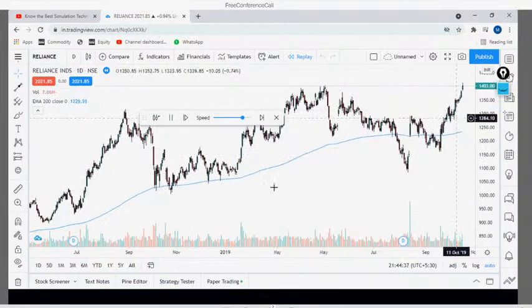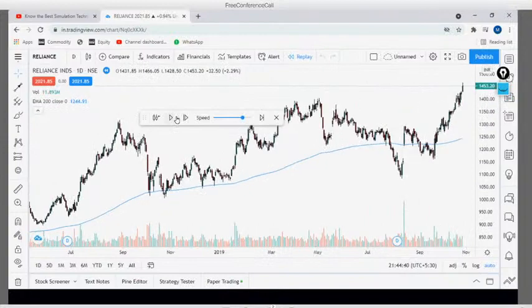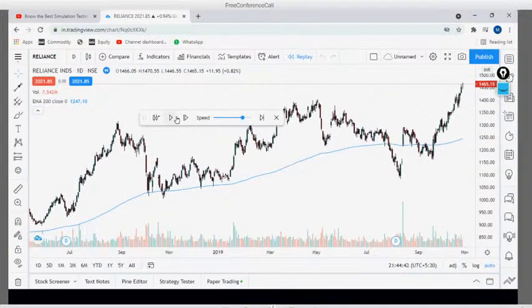By doing it this way, you are actually improving your trading skill, instead of putting your real money into trading. If you put your real money directly into the Demat account and it goes against your direction, you are unnecessarily losing your money. Instead of that, you can try this one.